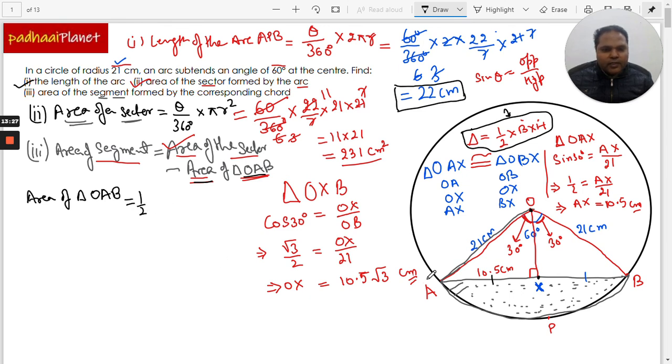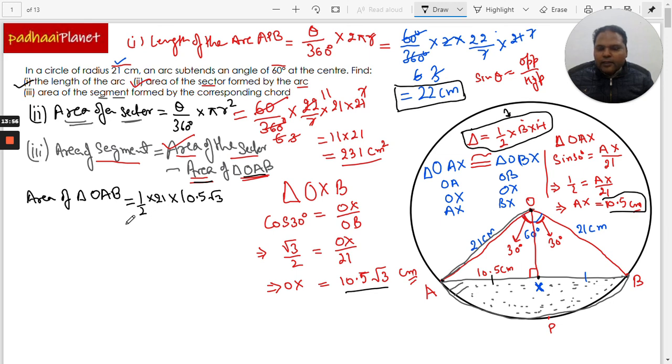Now the base is the entire AB, which is double of AX, and AX was 10.5, so complete AB is going to be 21. The height is OX, which is 10.5√3.